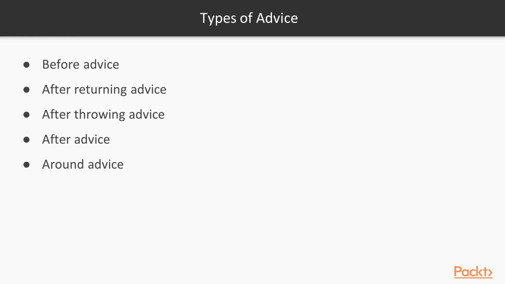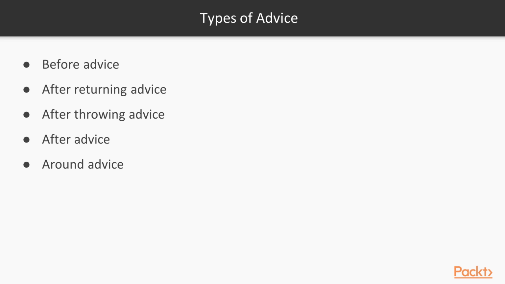And one more type of advice is around advice, which can be used to implement some logic before and after method execution. Around advice is the most general kind of advice. Since Spring AOP provides a full range of advice types, we recommend that you use the least powerful advice type that can implement the required behavior.